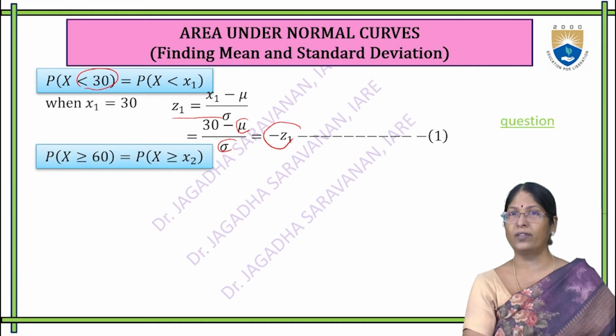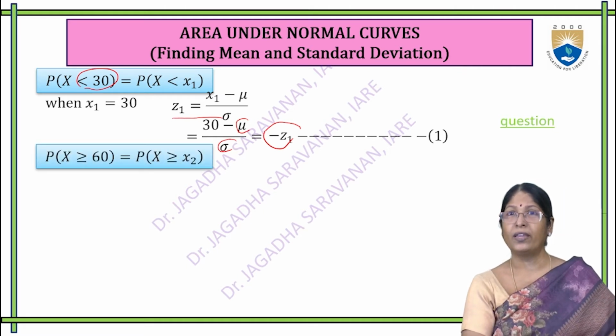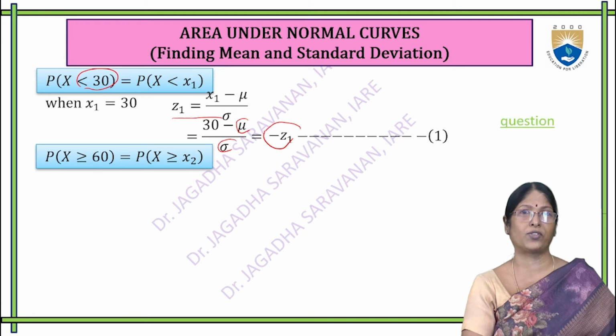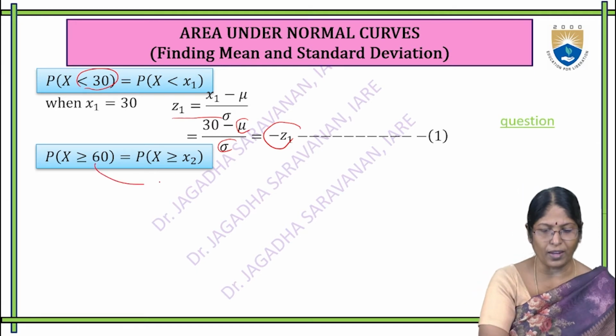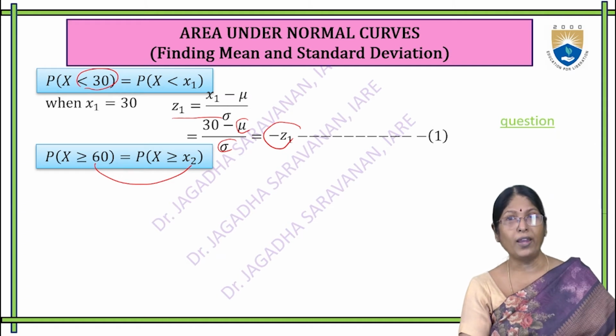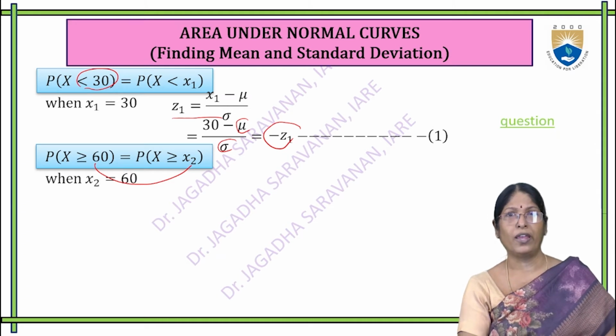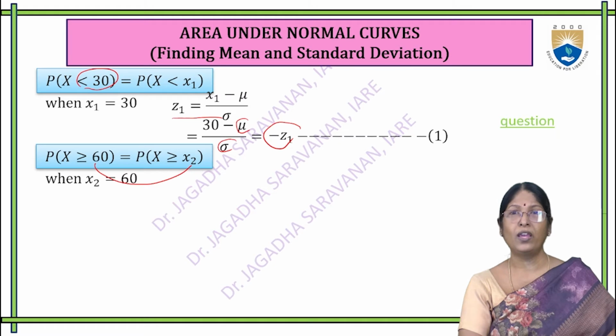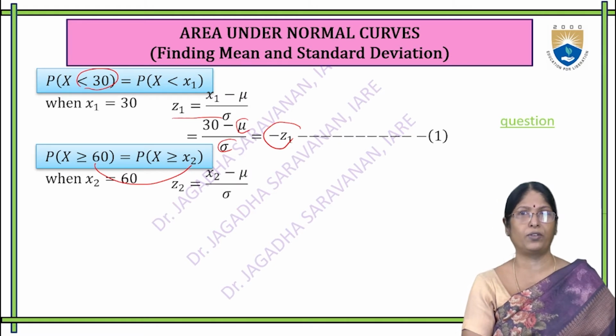The next one: our question is x greater than or equal to 60. This 60 we named x2. Again the same procedure: x2 equal to 60 should be converted into z2.